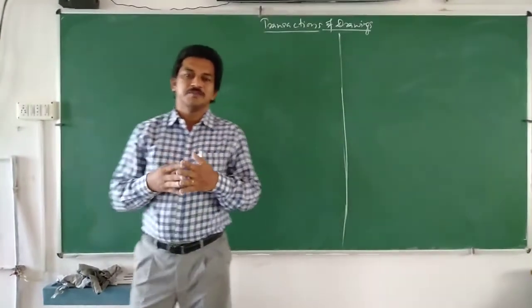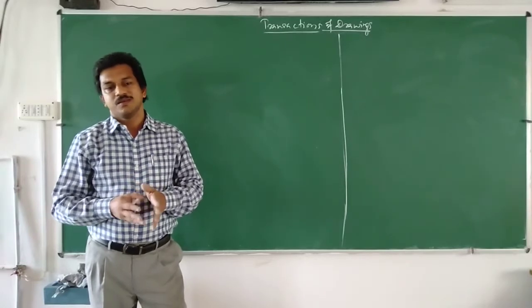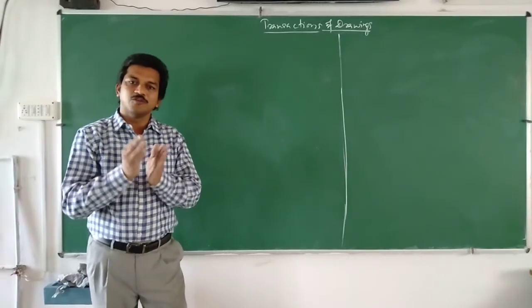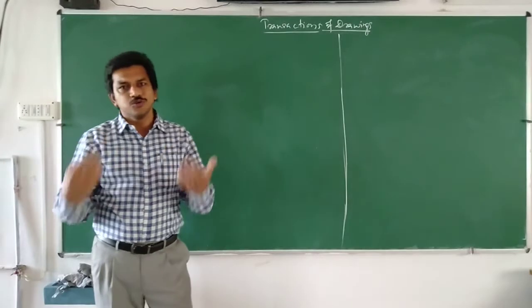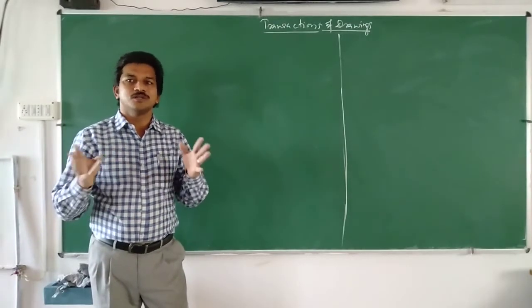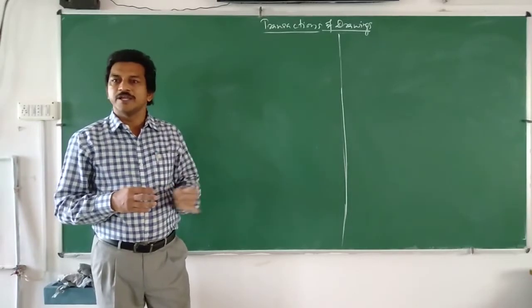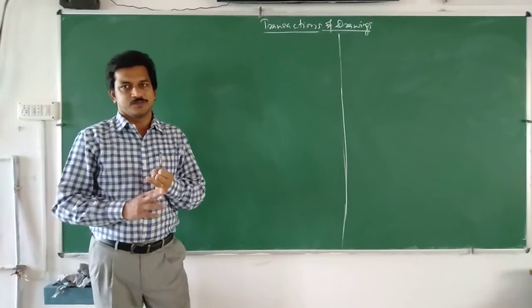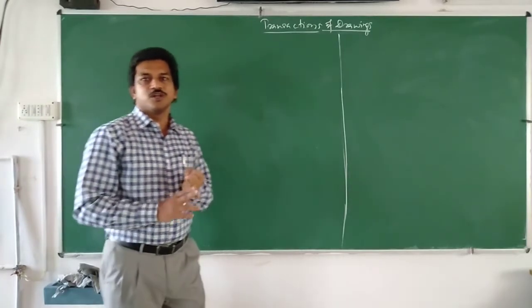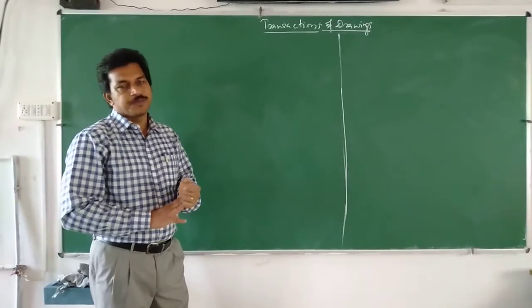Withdrawal of money by the proprietor for his personal purpose is called drawings. If owner withdraws money or goods for his personal purpose, that is called drawings. So it can be withdrawal of money or withdrawal of goods. In both the cases we will discuss here.